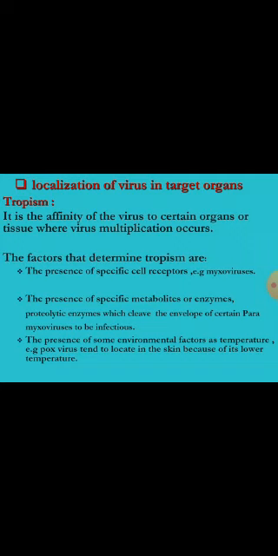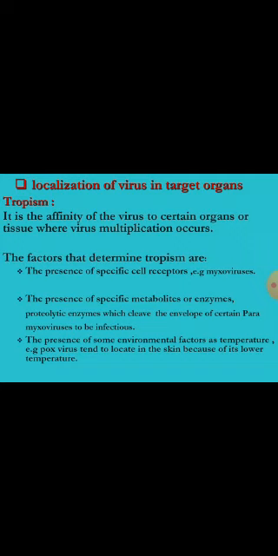Now, what is the meaning of tropism? Tropism is the affinity of the virus to a certain organ or certain tissue where the virus multiplication occurs. What are the factors that determine the tropism?